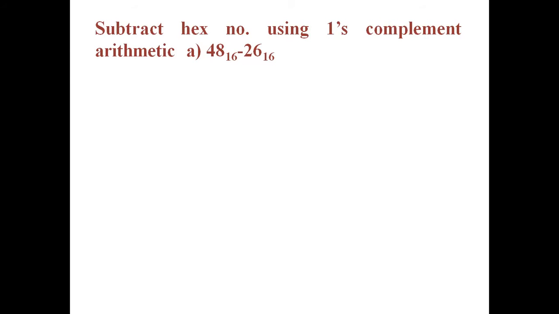In this video, we are going to see how hexadecimal numbers can be subtracted using ones or twos complement method, because 15's complement of a hex number is the same as ones complement of the equivalent binary number, and 16's complement of a hex number is the same as the 2's complement of the equivalent binary number.